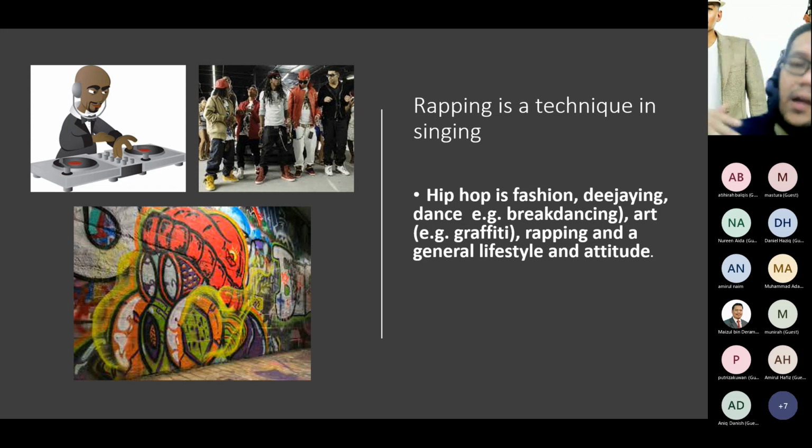It usually involves fashion, DJing, maybe dance, break dance, and arts like graffiti. Rapping is one of the branches of hip hop, and it actually refers to a general lifestyle and attitude.